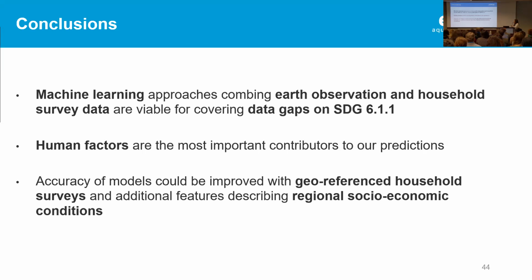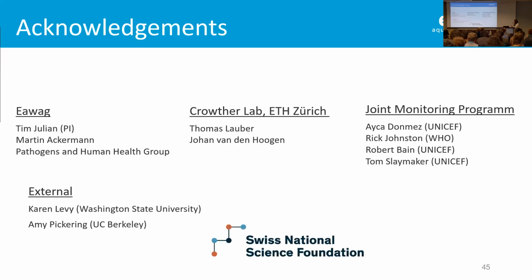Something interesting that we saw is how important the human factors are in these predictions, which is probably also not a surprise for lots of people. And there are definitely lots of ways of potentially improving these models and using other data sources and different features.